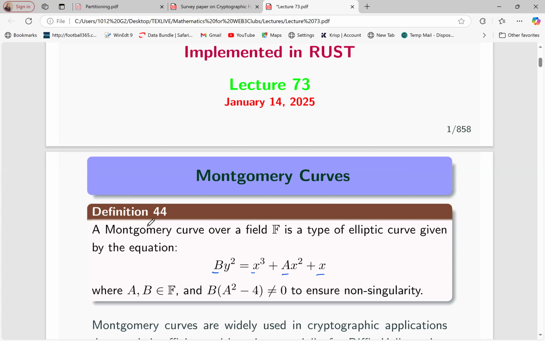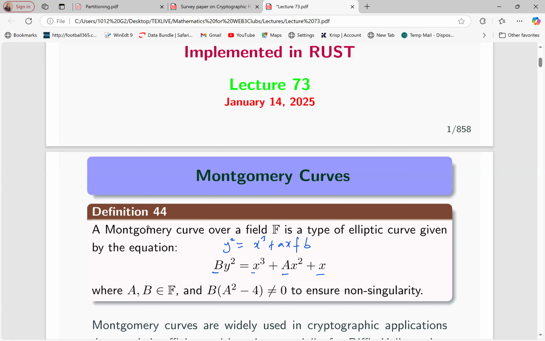You remember that the short Weierstrass will be y square is equal to x cubed plus ax plus b. That is the one for the short Weierstrass, and so it's different from Montgomery.